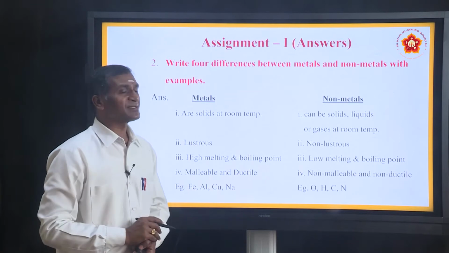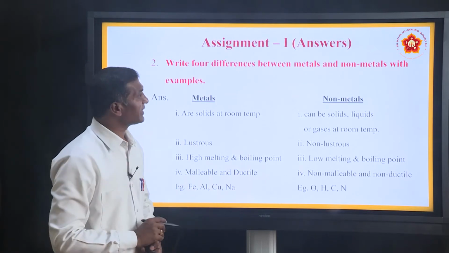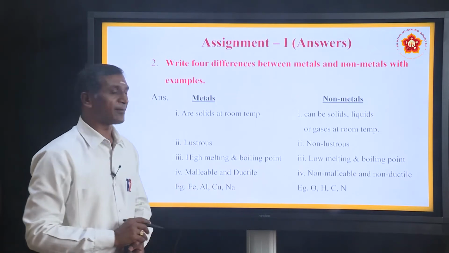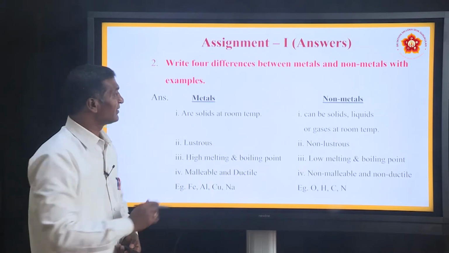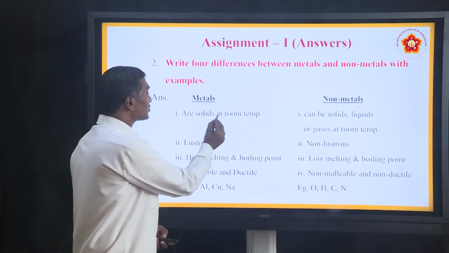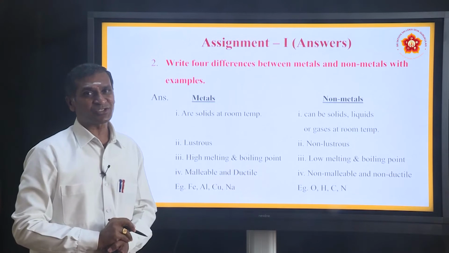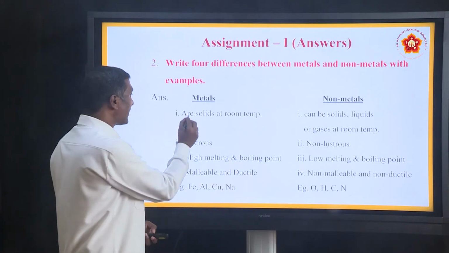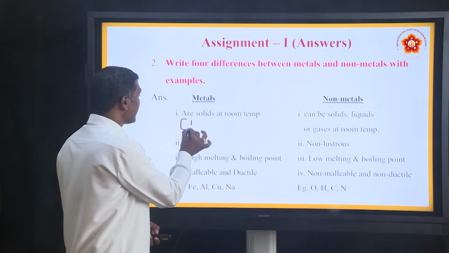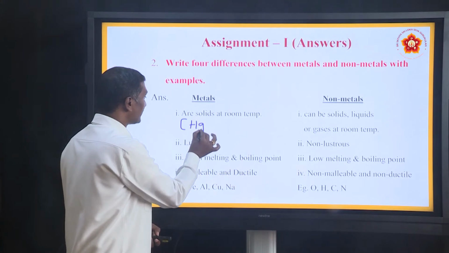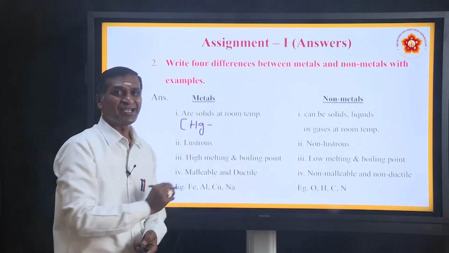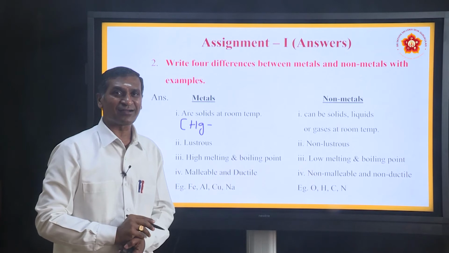Write 4 differences between metals and non-metals with examples. Metals are solids at room temperature except one metal, and that is mercury. The symbol for mercury is Hg, hydrargyrum.